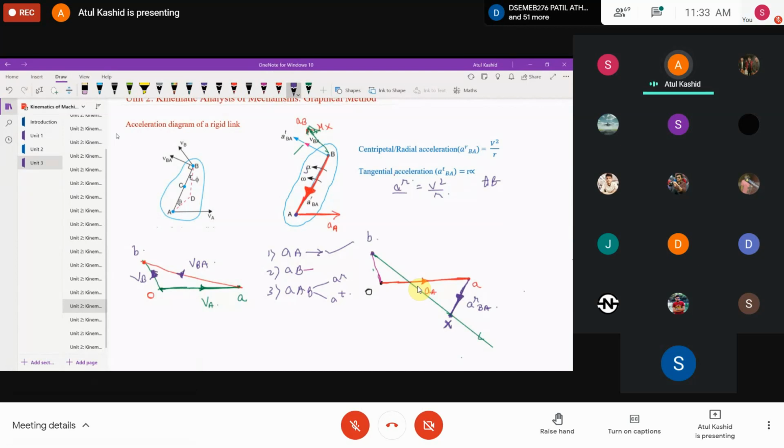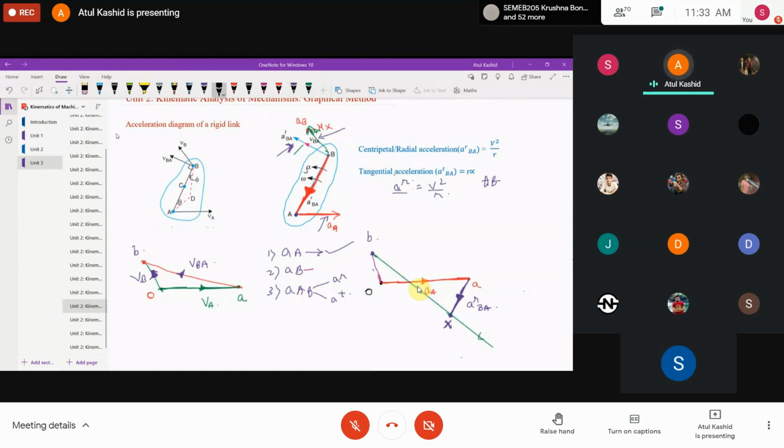Okay. Now see what we have done. Now I will explain again, right? We were having a link AB in which the absolute direction of the point A was given, the absolute direction of the point B was given, and we had also drawn the relative acceleration of B with respect to A, right? So first we started with a fixed point O, right?